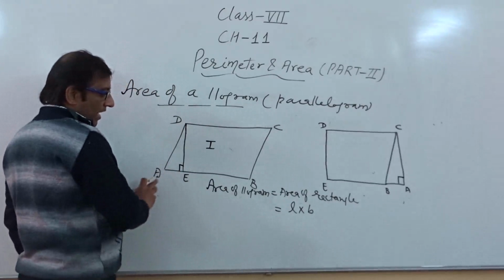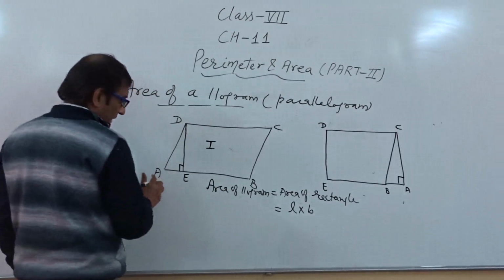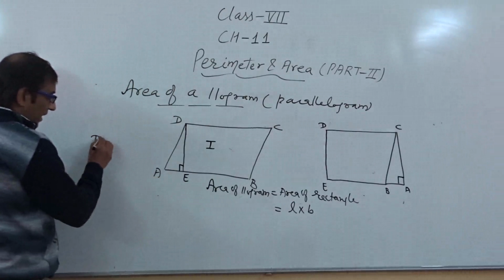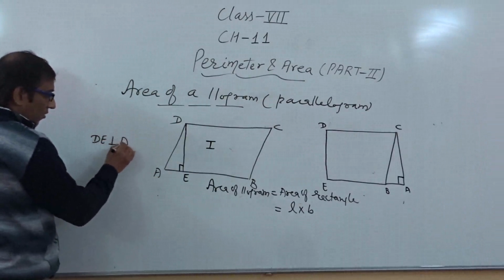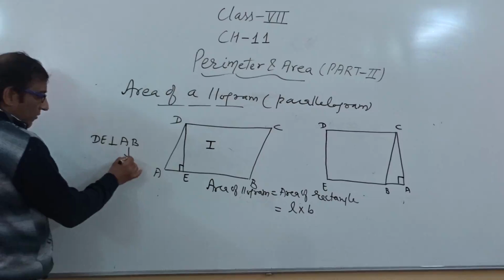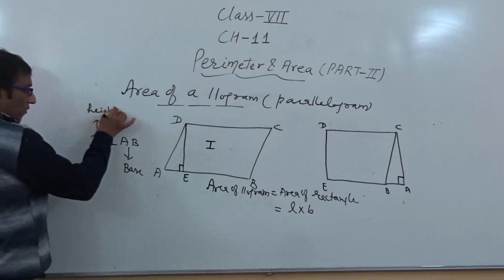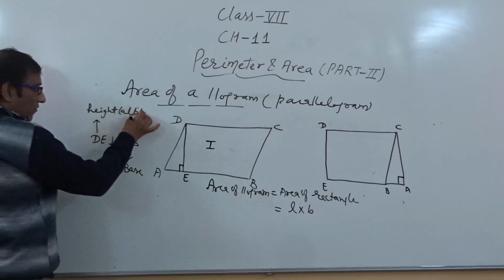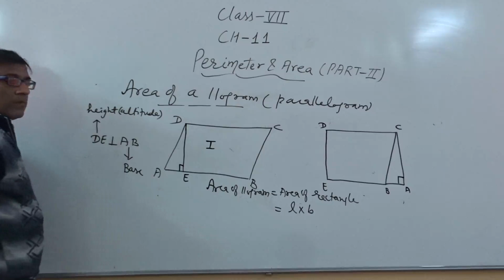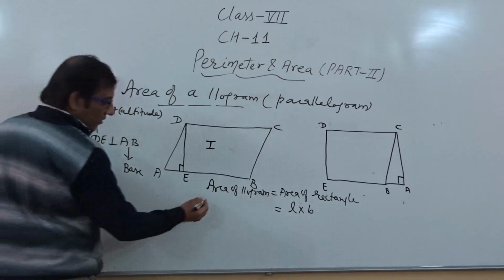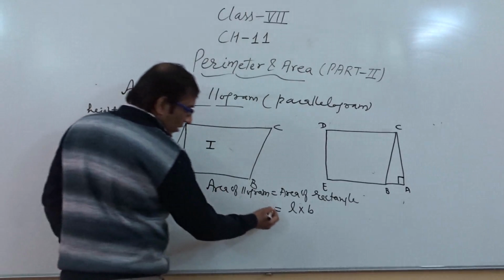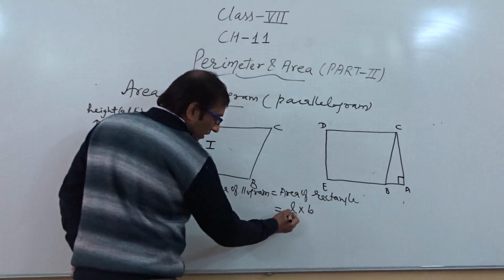But in area of parallelogram, as we see, DE is perpendicular on AB. So what is AB? AB is base. And what is DE? DE is height, or we can say altitude also.